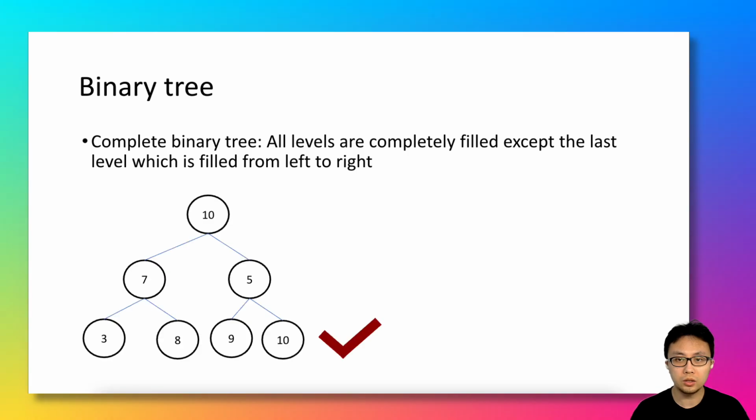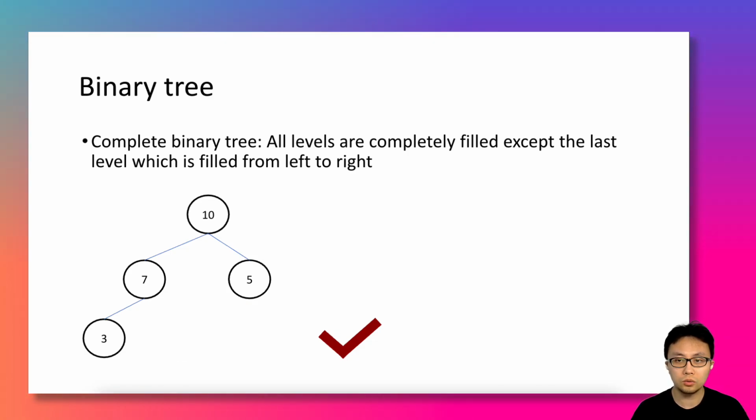For example, this is a complete binary tree because all levels are completely filled. For another example, this is also a complete binary tree. As you can see, the last level is not fully filled, but it is filled from left to right, so it is a complete binary tree.